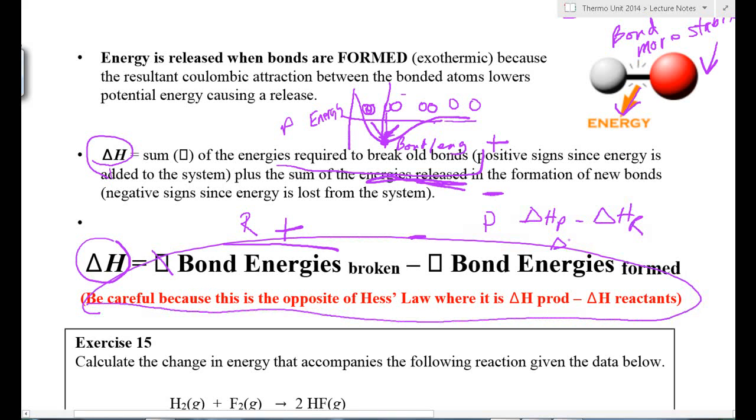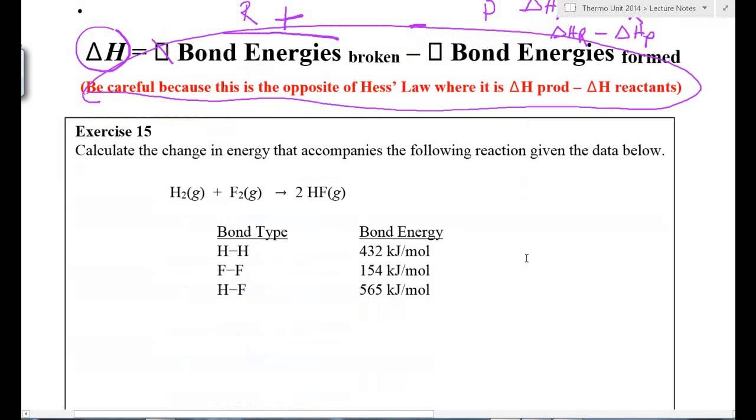It's going to be the enthalpy of the reactants minus the enthalpy of the products in terms of the bond energies. So let's take a look at how we do this. It's easy as long as you keep in your head the common sense associated with breaking a bond. It's positive energy. I'm going to subtract the energy that gets released when I make the bond.